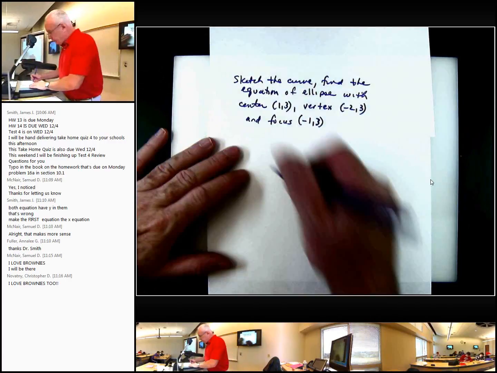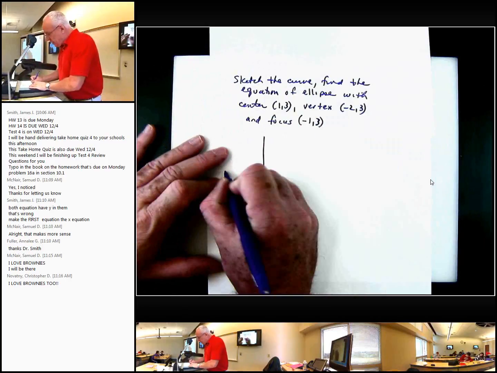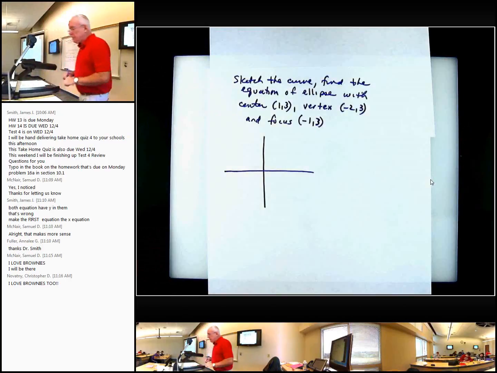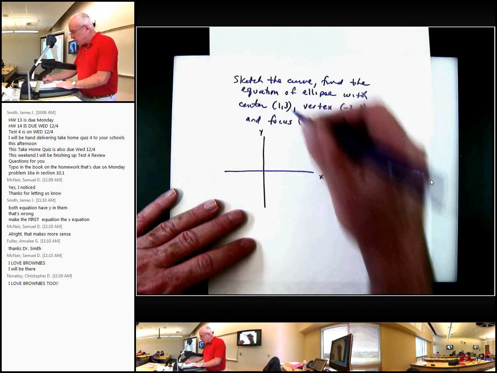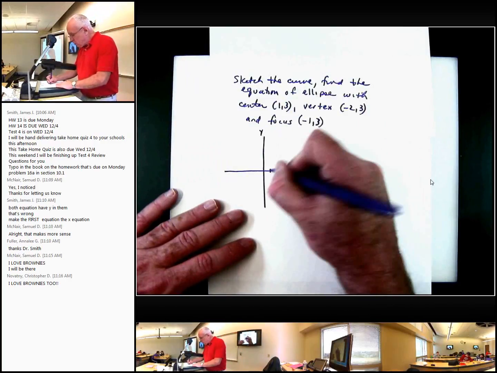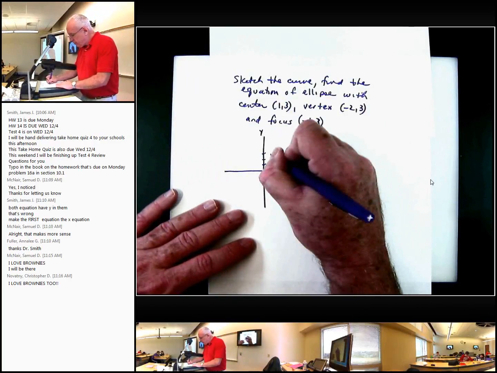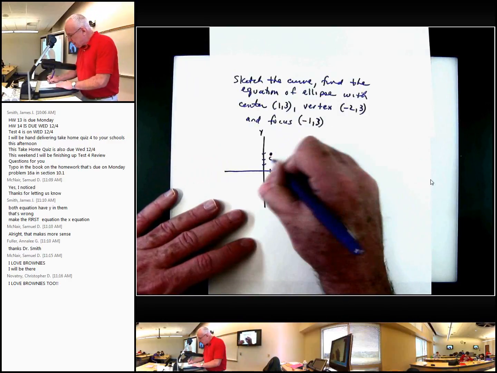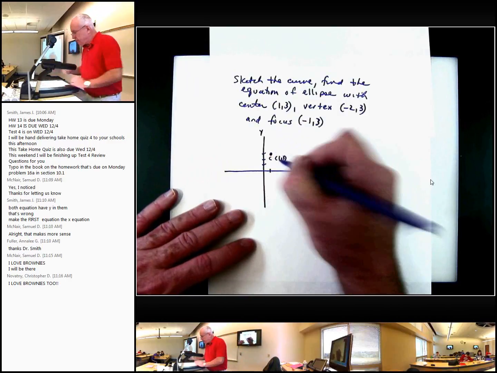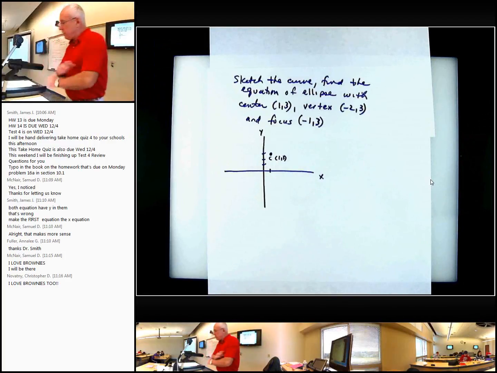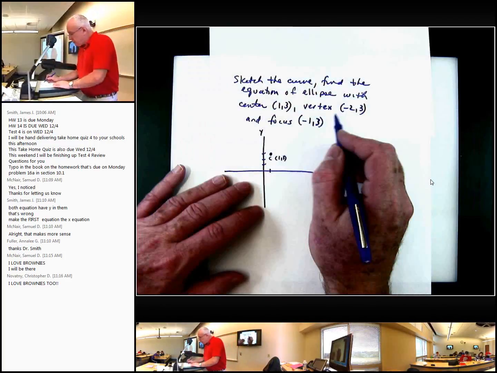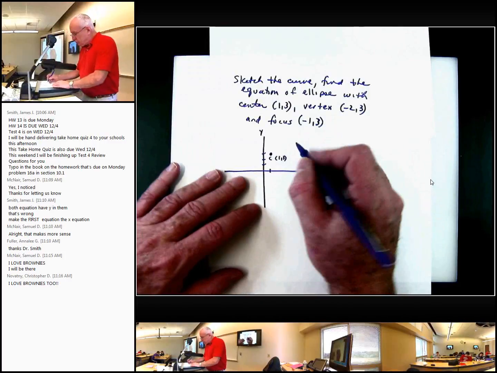Okay. So the first thing that I recommend doing is just initiating this rough sketch. First of all, the center. So here's our y and x. The center is x is 1, y is 3. So that's our center, (1, 3). All right. And then let's mark down the vertex and focus that have been given to us. So the vertex here is (-2, 3).